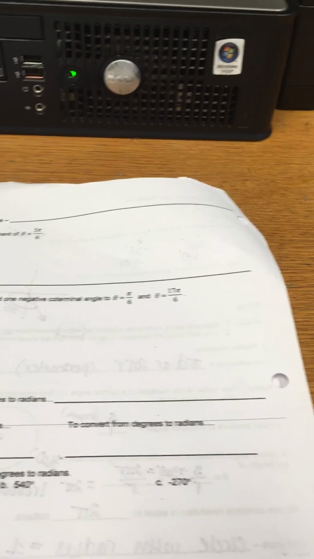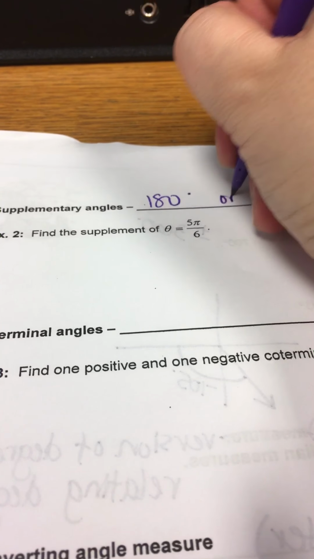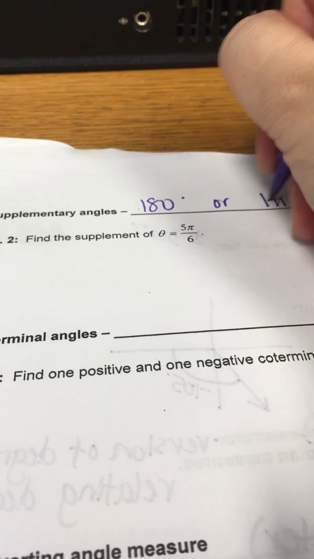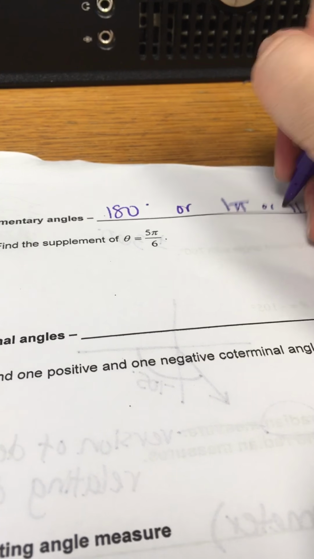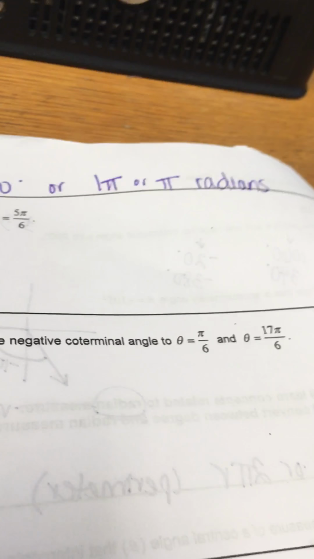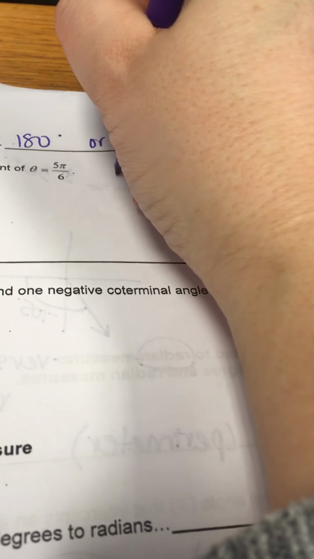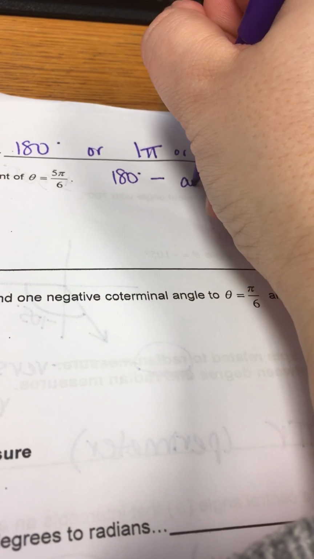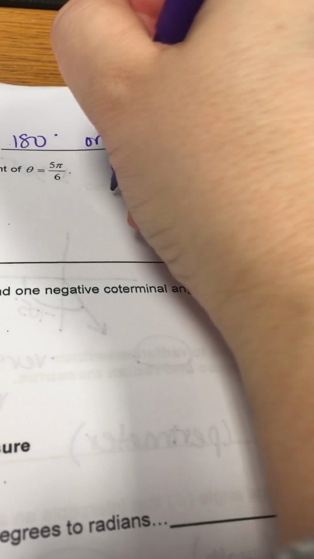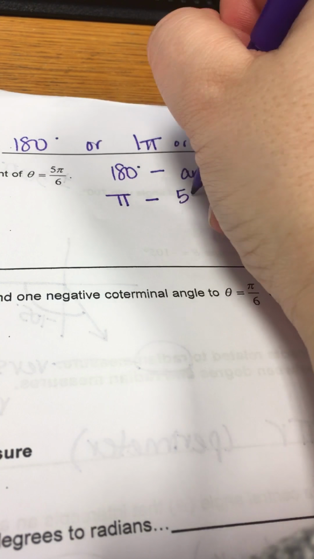Alright, supplementary and complementary angles. Supplements are angles that add to 180 degrees, or in terms of radians, 1 pi, or pi radians. Okay, so we do 180 minus the angle, but in this case we have pi for the 180, minus whatever angle we're given, 5 pi over 6.